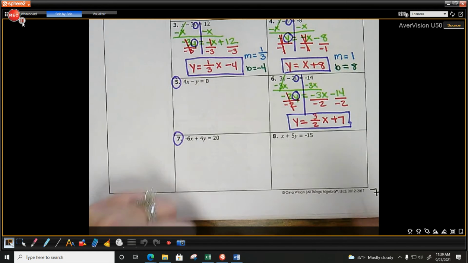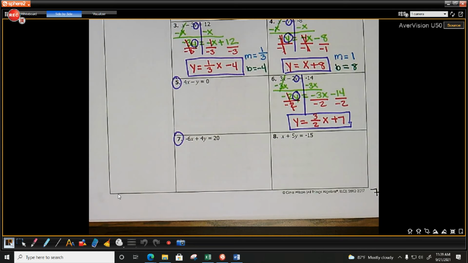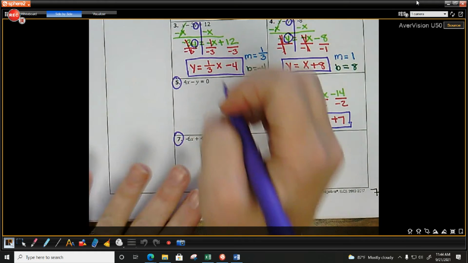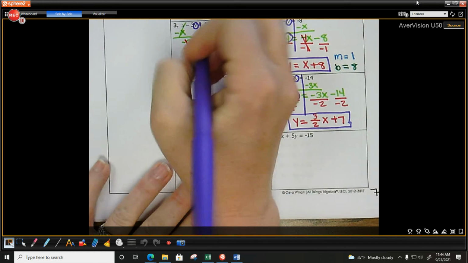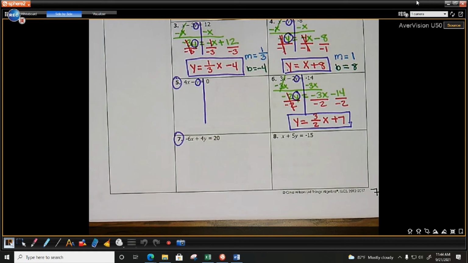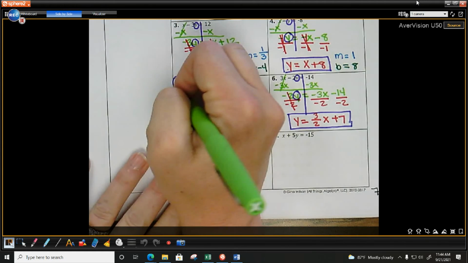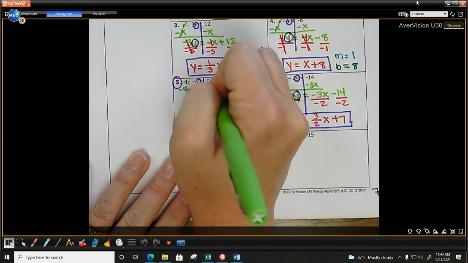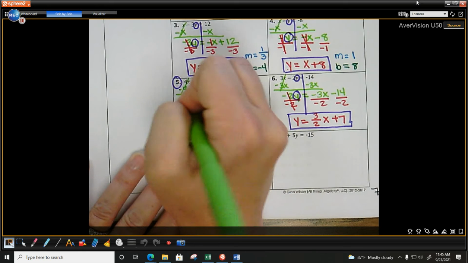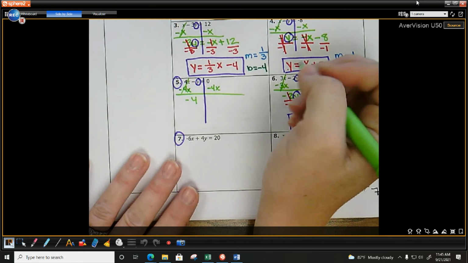Okay, guys, let's look at number 5. Number 5 was easier, right? Draw your line through the equals, circle y. What do I do first? Minus 4x, very good. The only thing I have to be super careful about, when I jot down my y, there's that minus in front, so it's a negative y equals negative 4x. Keep your y circled.